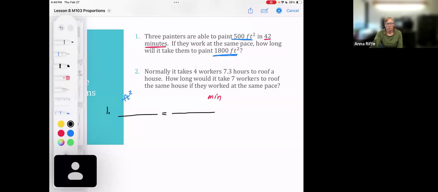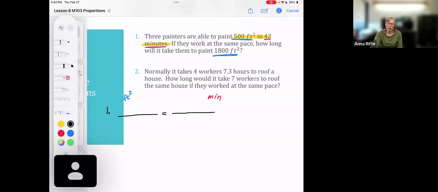Let's see here. I want to find the known relation. 3 painters are able to paint 500 square feet in 42 minutes. So that is our known relation. Doesn't look like the number of painters change either. It says if they work at the same pace, so we're assuming still 3 painters. It's only our square feet and the amount of time that changes.